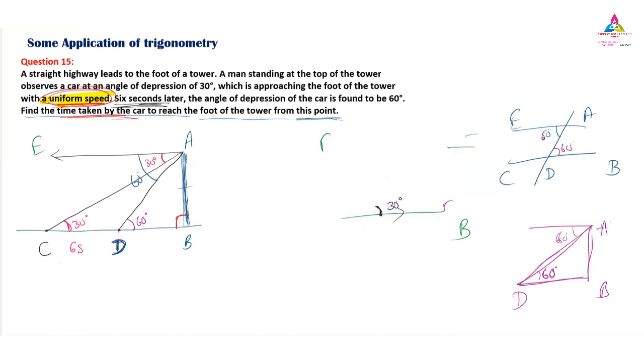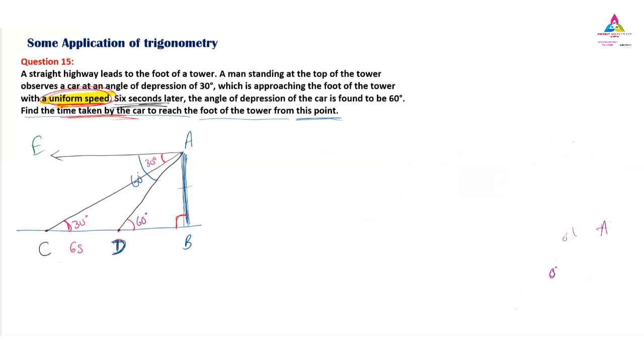So now let us write down what we already know, just make a note of it. I will write down quickly. AE is parallel to BC, and AC is transversal.